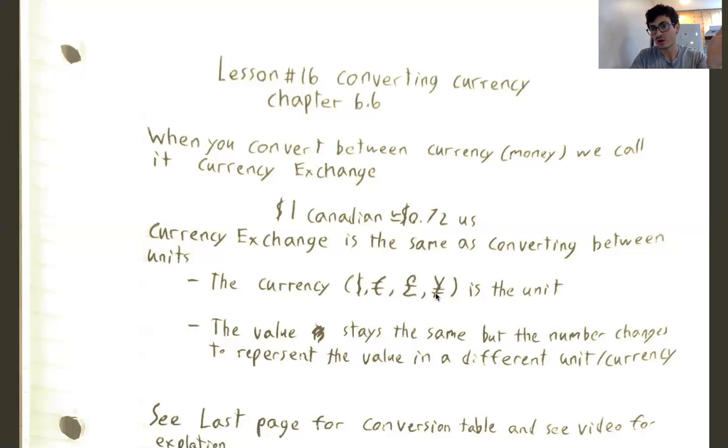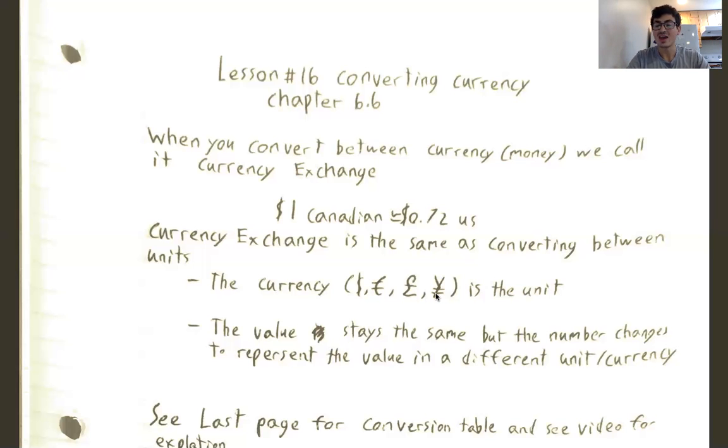This is like if we looked at units: 10 meters is the same as saying we have 9.1 yards. Or sorry, 10 yards is the same as saying we have 9.1 meters. The number is different, but the value that it stands for is exactly the same. So just thought I'd put that out there.